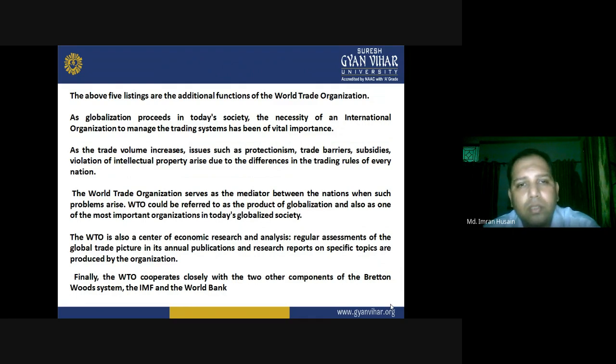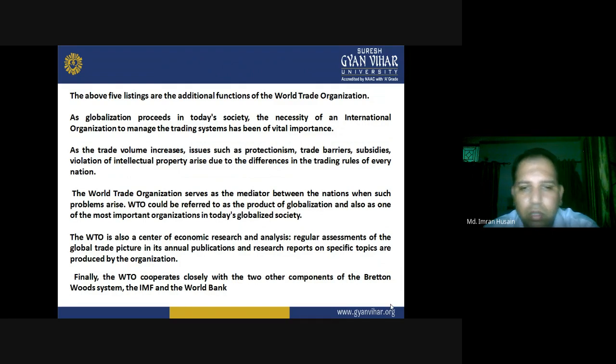As globalization proceeds in today's society, it has become of vital importance to have an international organization to manage the trading system. As the trade volume increases, issues such as protectionism, trade barriers, subsidies, and violation of intellectual property arise due to the differences in trading rules of every nation. The trade organization serves as the mediator between nations when such problems arise.